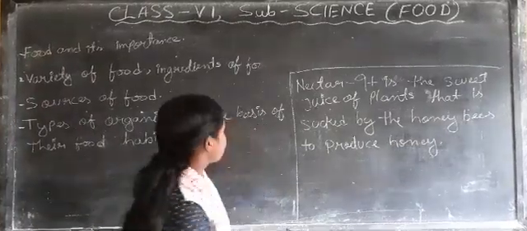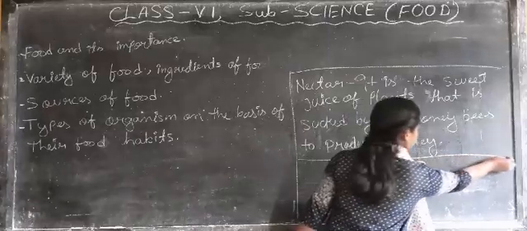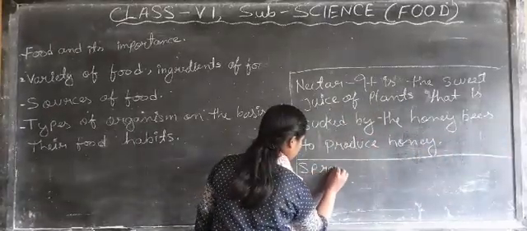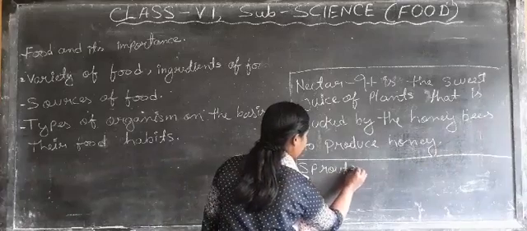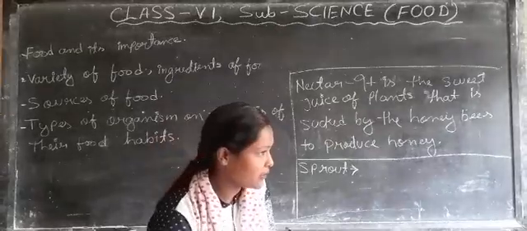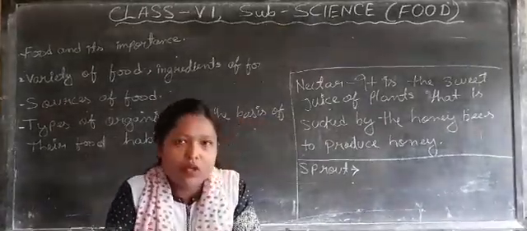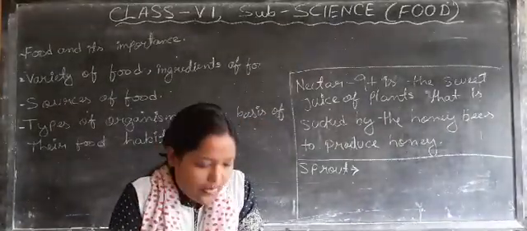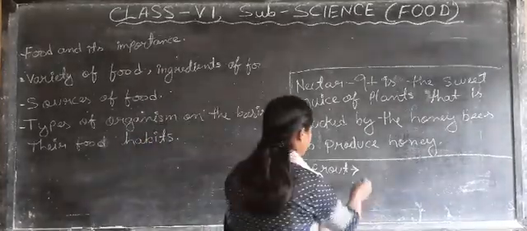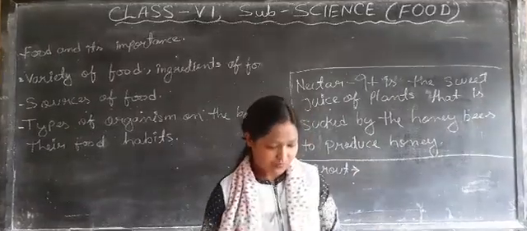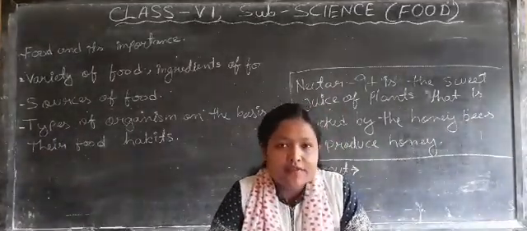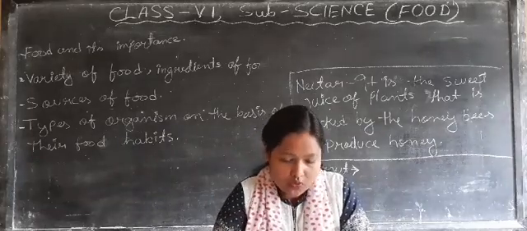Next is sprout. What is a sprout? To understand this word, we have to do an experiment at your home with the help of some cotton, some grams and water. For this, we have to soak some grams in water overnight, and after that we put it on wet cotton.